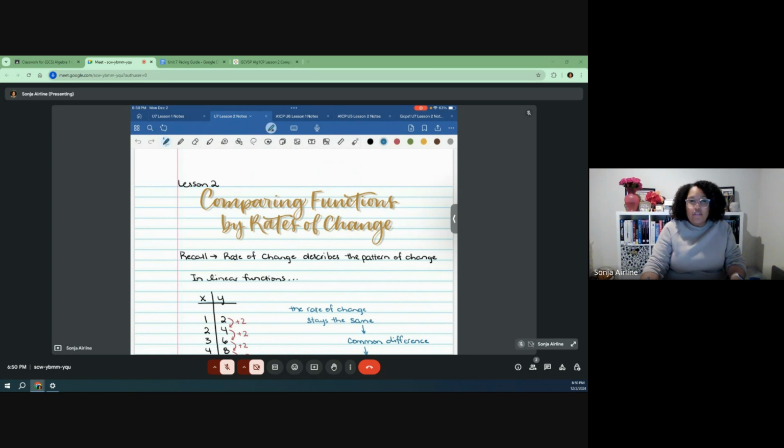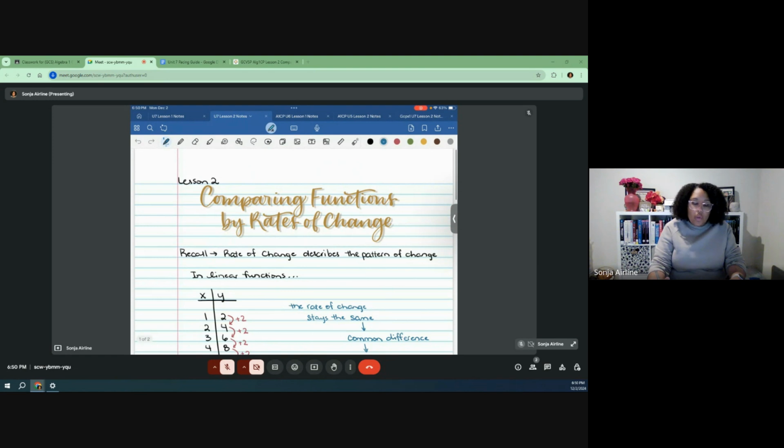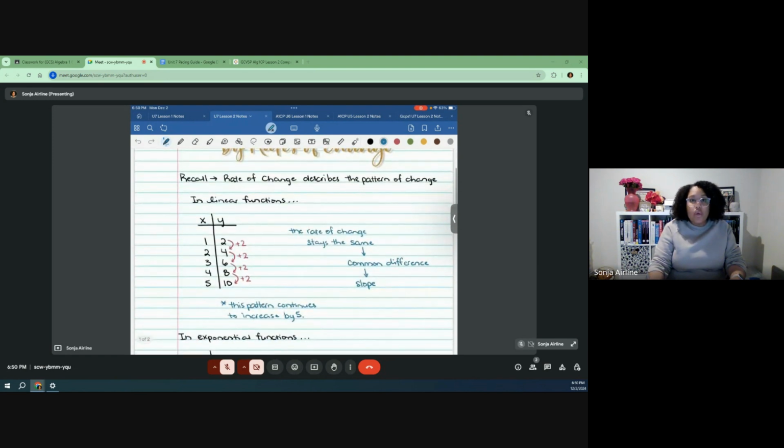Recall that the rate of change is describing the pattern of change, or how we are changing from each term in the sequence. When we dealt with linear functions, we saw a pattern that was constant. This change stayed the same. In this sequence that I'm starting off with, we have 2, 4, 6, 8, 10.